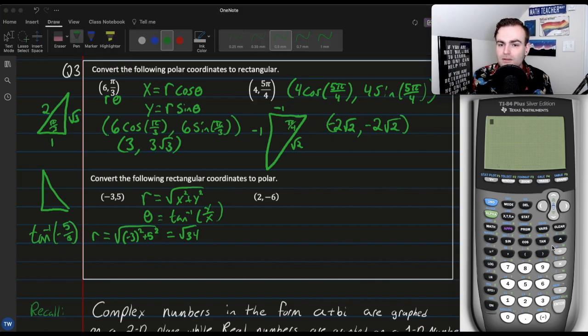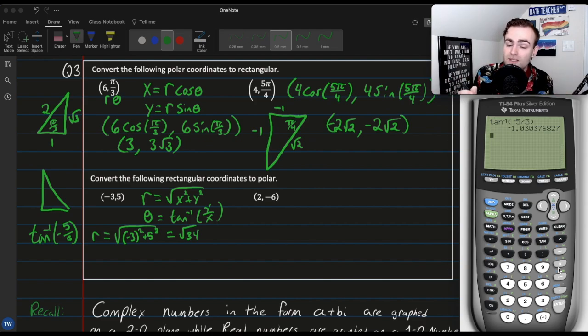So if I go to my fancy calculator here, make sure I'm in radians, I am. So if we go inverse tangent of negative 5 divided by 3, I do get a number. But that's not the number I want, right? Because this number is in quadrant 4. Not good for us. We don't want quadrant 4, we want quadrant 2.